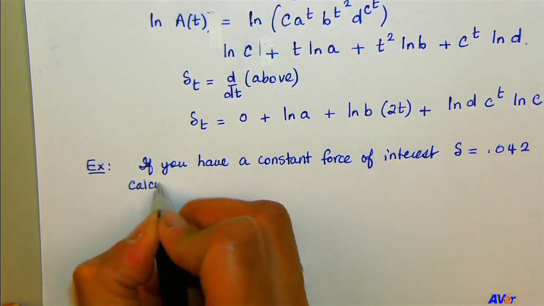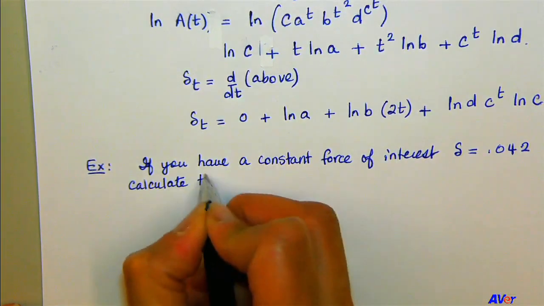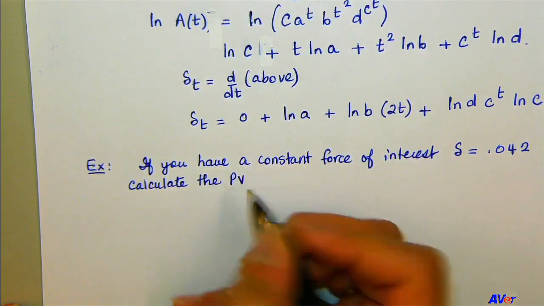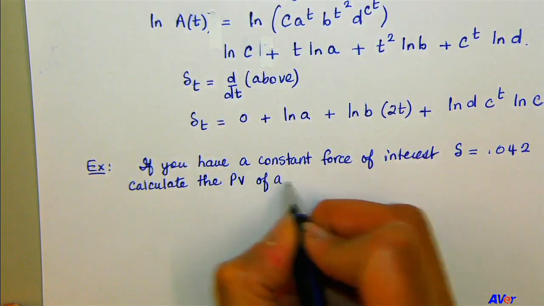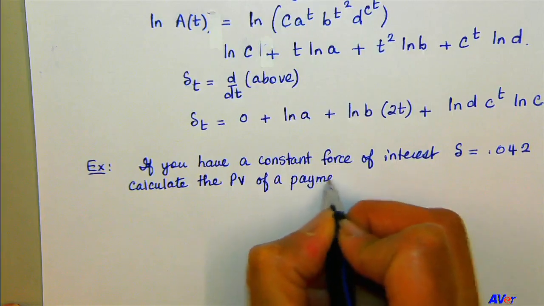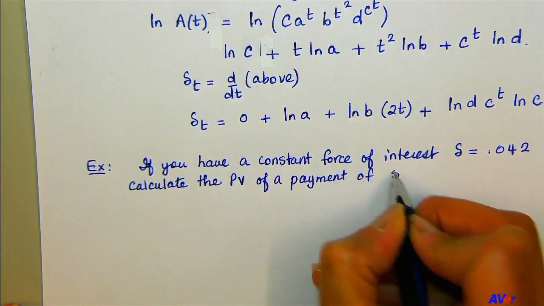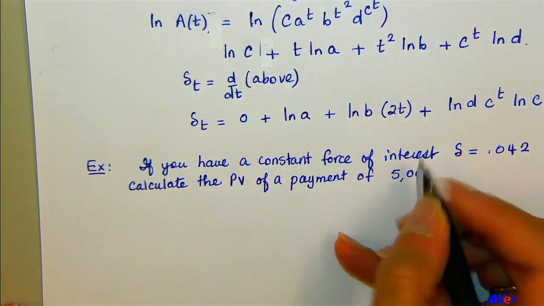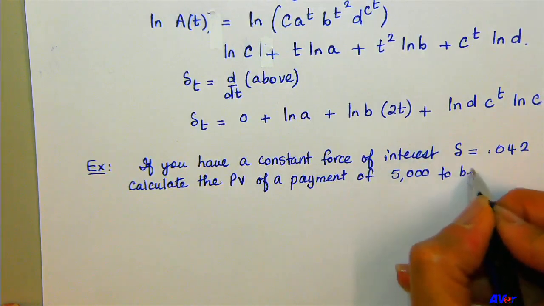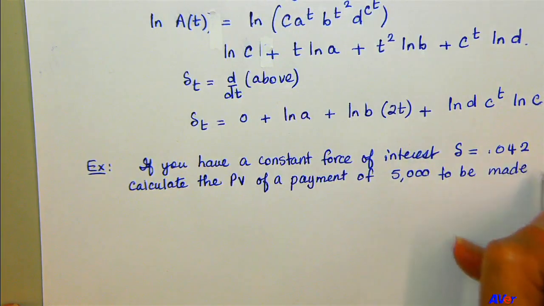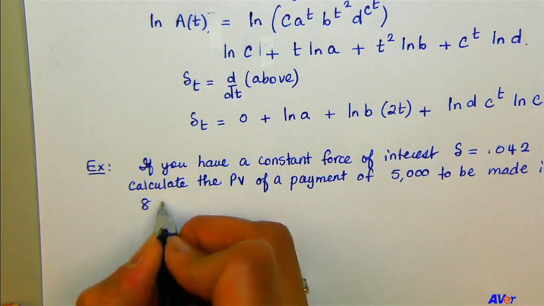Calculate the present value of a payment of $5,000 to be made in 8 years.